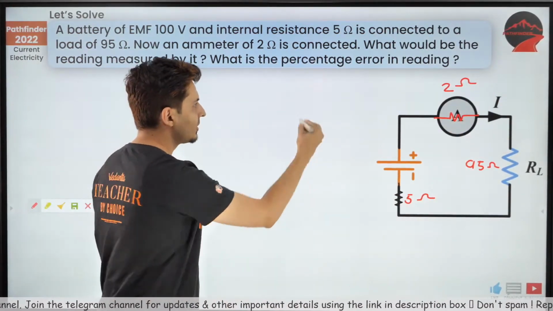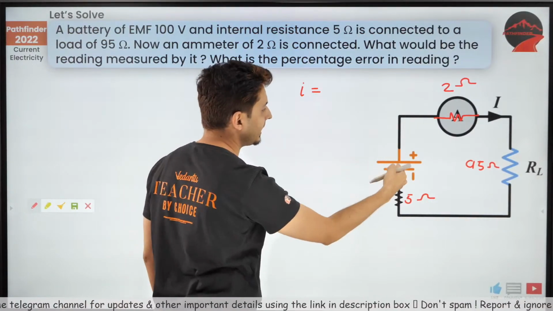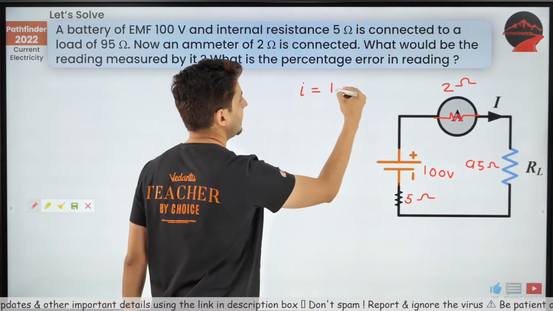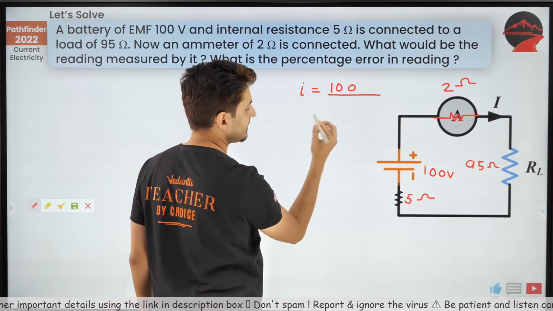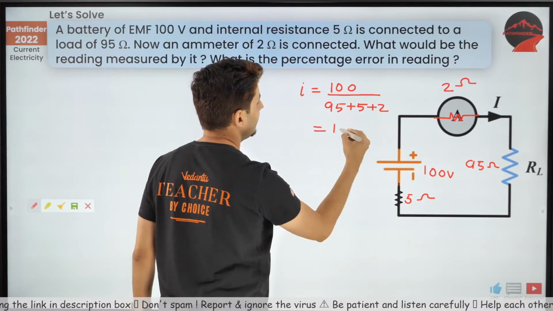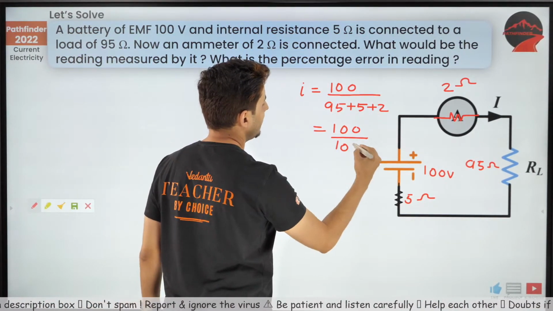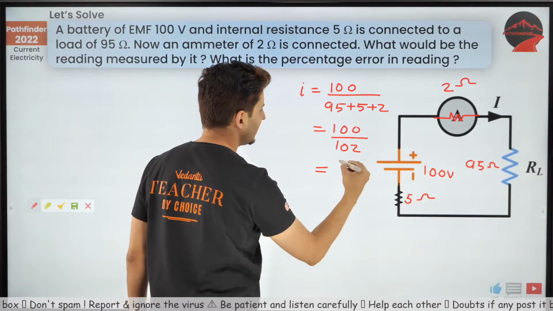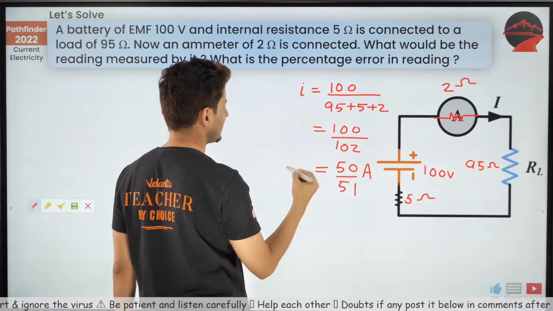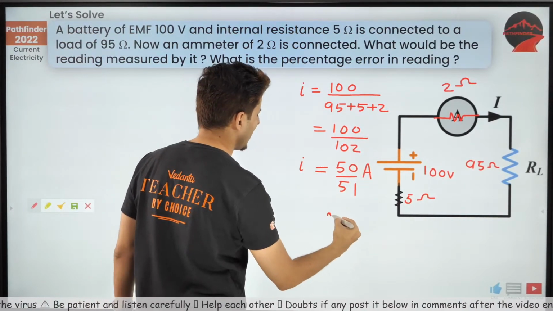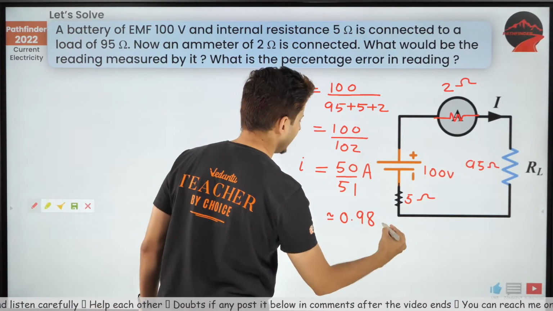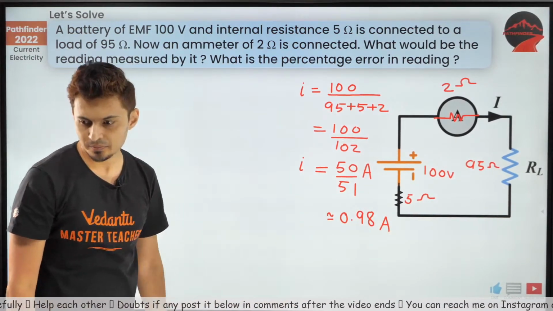That's what is given. So the current will be voltage, 100 volts, divided by total resistance, which is 95 plus 5 plus 2, which is 100 divided by 102, which is nothing but 50 divided by 51 amperes. It comes out approximately 0.98 amperes.